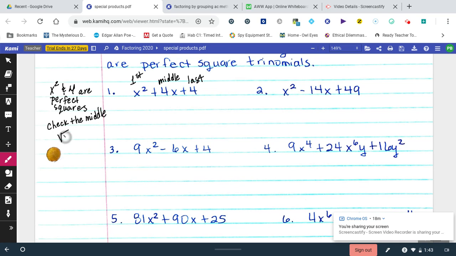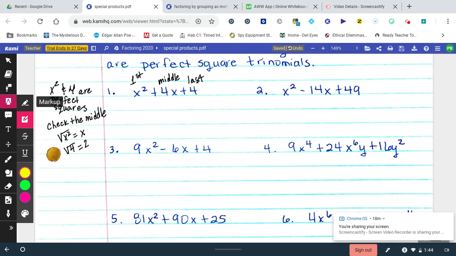What is the square root of x squared? Well, what number times itself gives you x squared? Or what power times itself gives you x squared? That will just be x times x. So the square root of x squared is x. What is the square root of 4, the square root of the last term? It's 2. But what does it say you could do? It says that the middle term has to be twice this product right here.